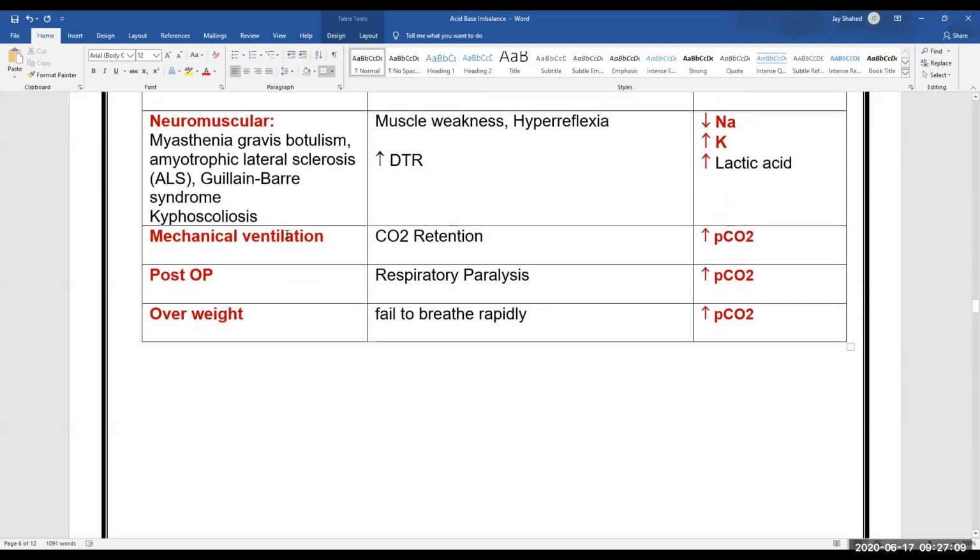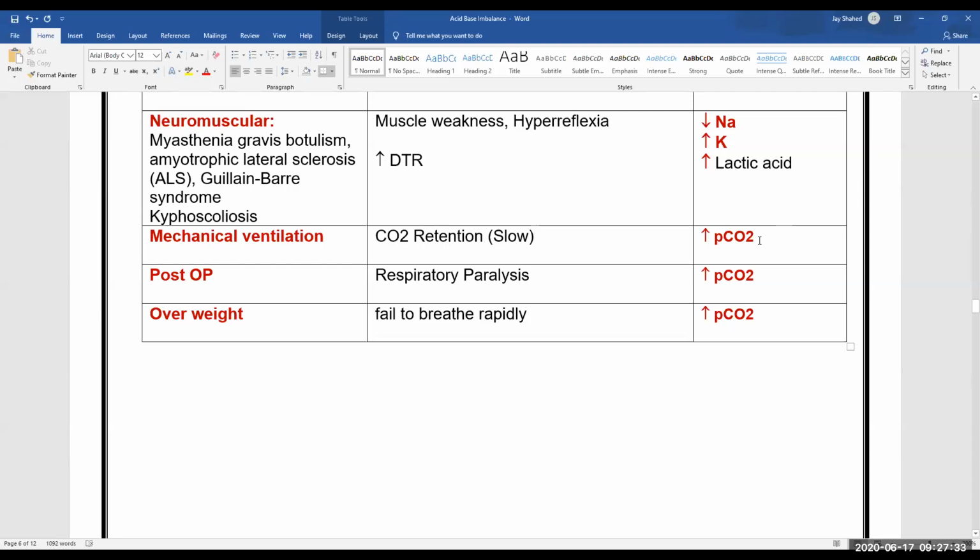How about mechanical ventilation? When we give you mechanical, artificial ventilation, if we slow it down, eventually you're going to retain. If I slow down the rate of that respirator or ventilator, then you're going to retain what? CO2, because you're going to hypoventilate.